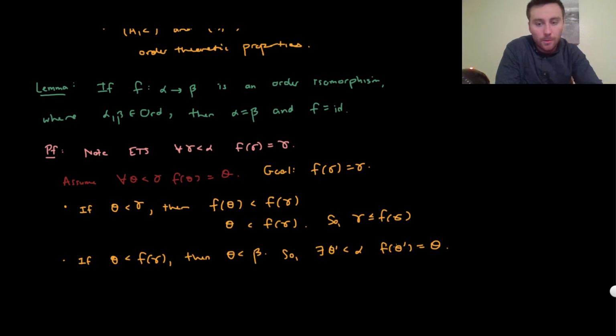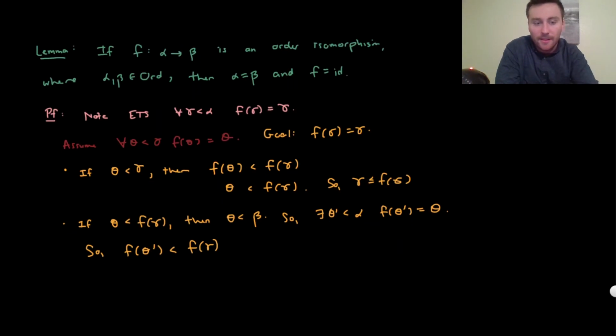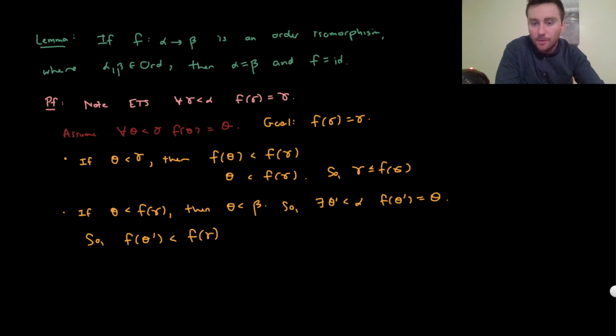We can say that f of theta prime is less than f of gamma, because theta is less than f of gamma, and theta is equal to f of theta prime. Well, because f is an order isomorphism, what has to follow from this is that theta prime is less than gamma.